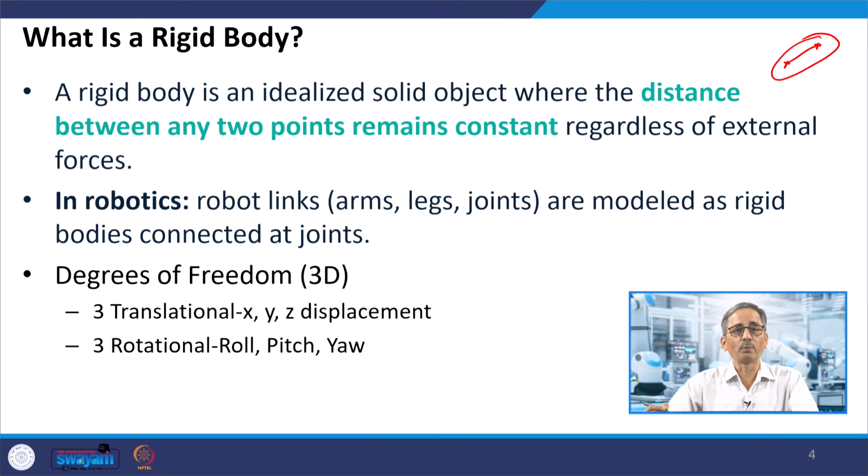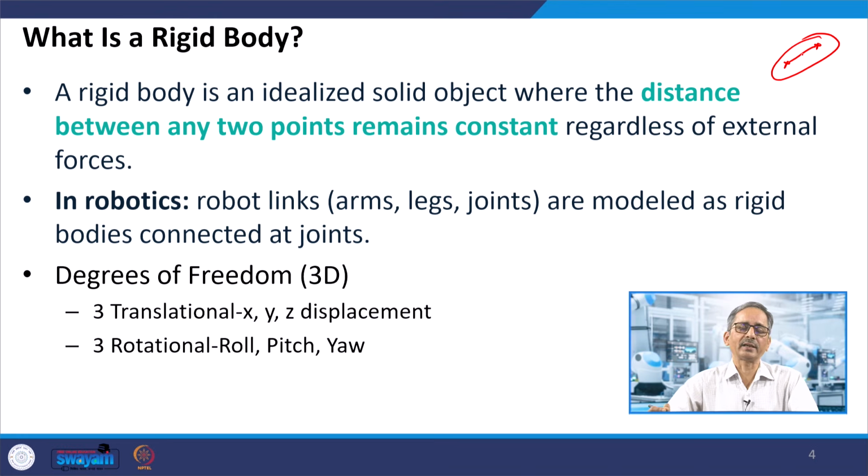In robotics, the arm of the robot, the legs of a legged robot, or the links are modeled as rigid bodies connected at joints. If I am talking about a manipulator, its arms, or about a quadruped robot, its legs, all these are considered rigid, and that makes our life much simpler in the sense that the treatment is much easier.